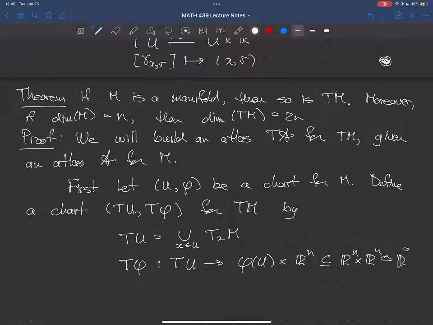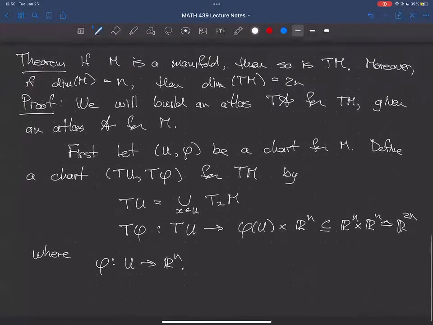which is R2n. Okay, and so you can see here then that if charts for M take, oh, sorry, I should be clear about that. Where phi is a map from U into Rn. Okay, I need to say what n is.